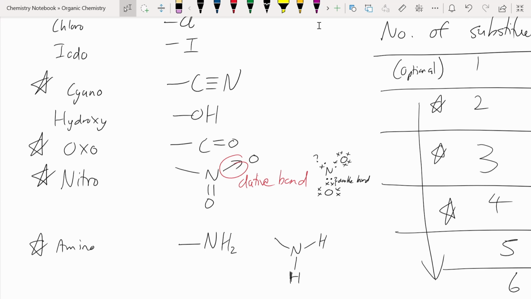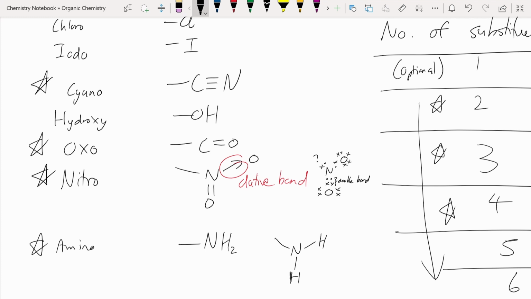There will be the oxo, C double bond O, and so just remember it is C double bond O and not a plain O oxygen bond. And then nitro will be NO2. So NO2 wise, you need to remember there's a dative bond.